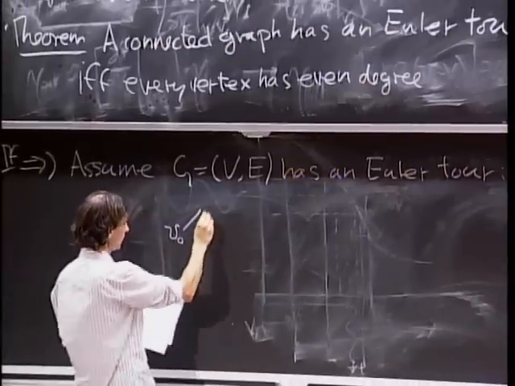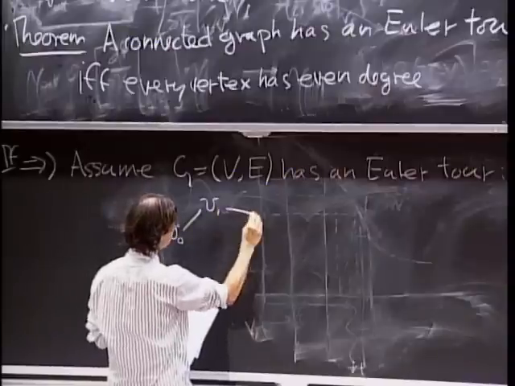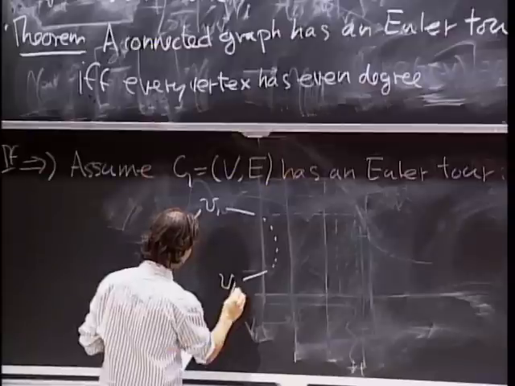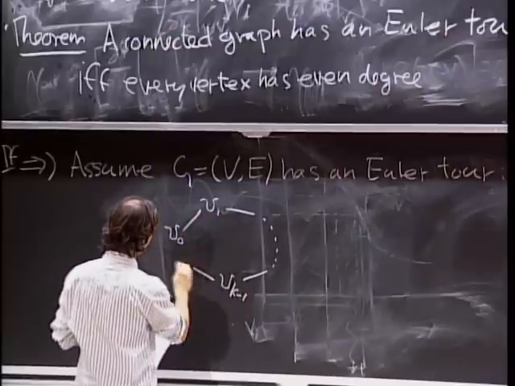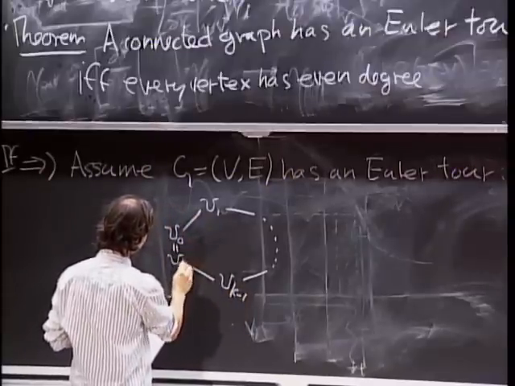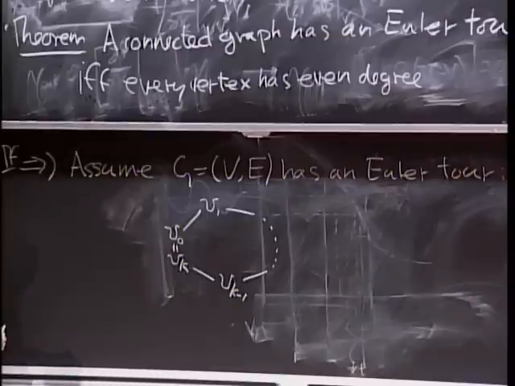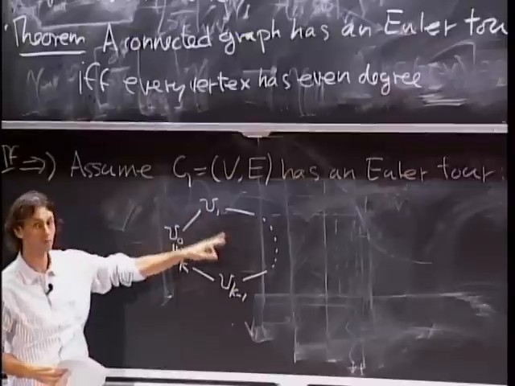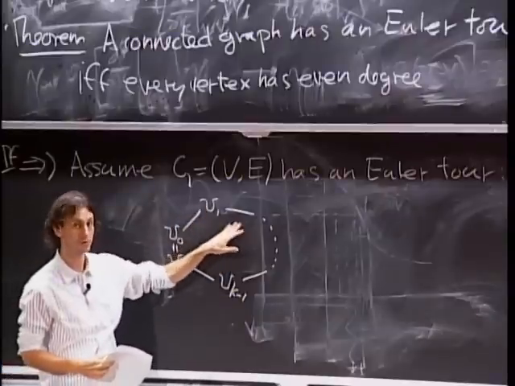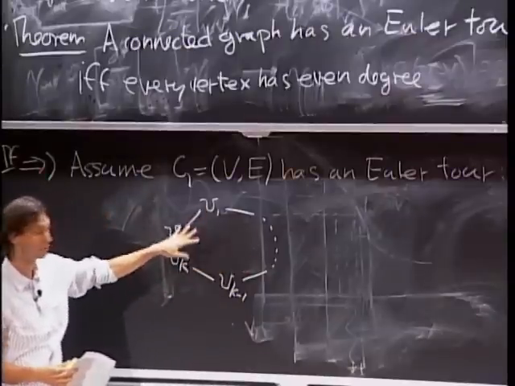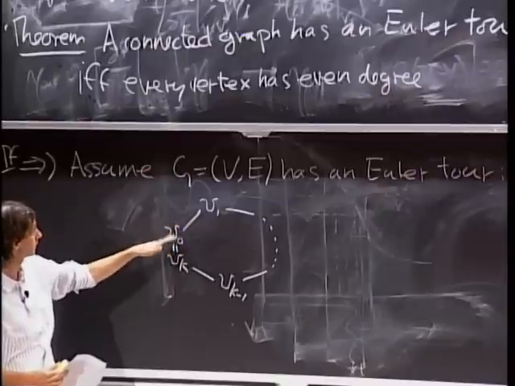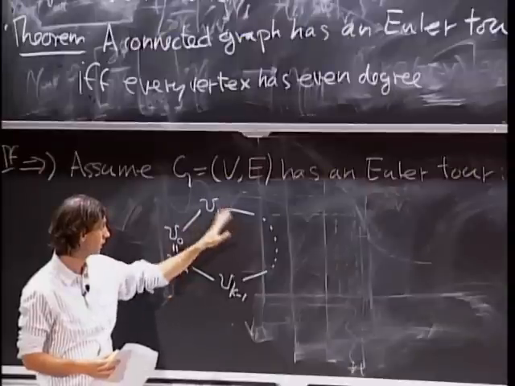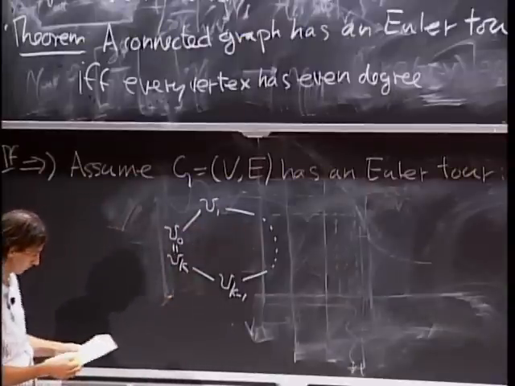We can go all the way around to V1 and some more, and so on, to V, say, k minus 1. And then the end vertex is the same as the start vertex. So we have a walk that goes all around the whole graph. So every edge in this walk are exactly the edges that are in the graph. And each edge in the graph is covered exactly once.